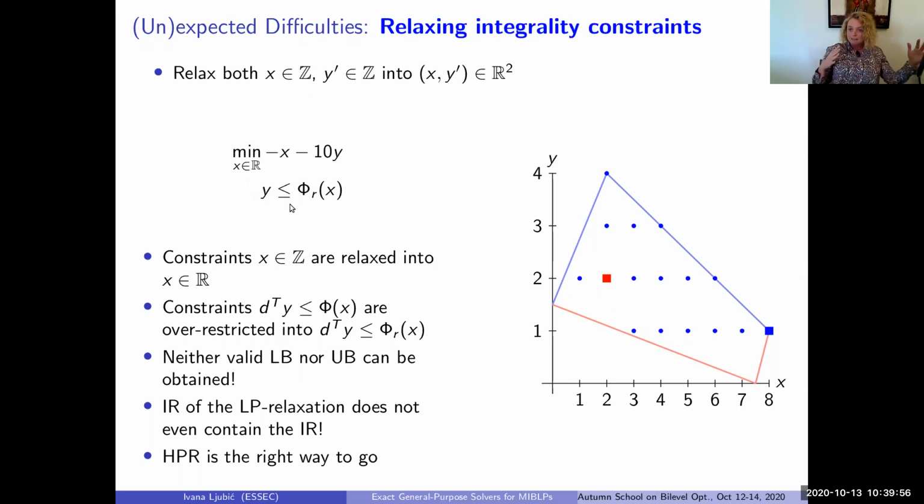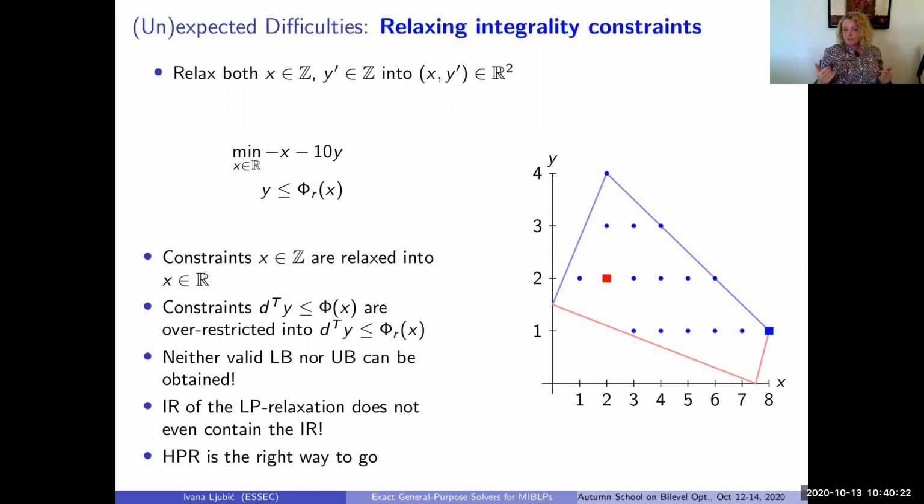So we mix relaxation and over restriction, which is an intuitive way to explain why in such situation the result that we will receive will be neither lower bound nor upper bound, unless you look into some specific situations where you're solving, for example, interdiction problems, and we will come to that later.